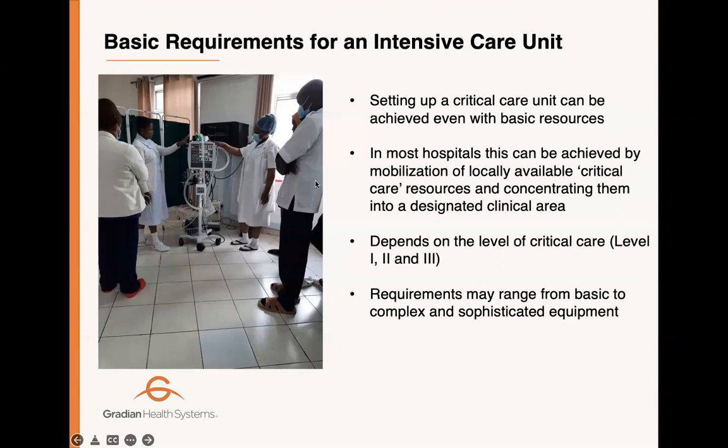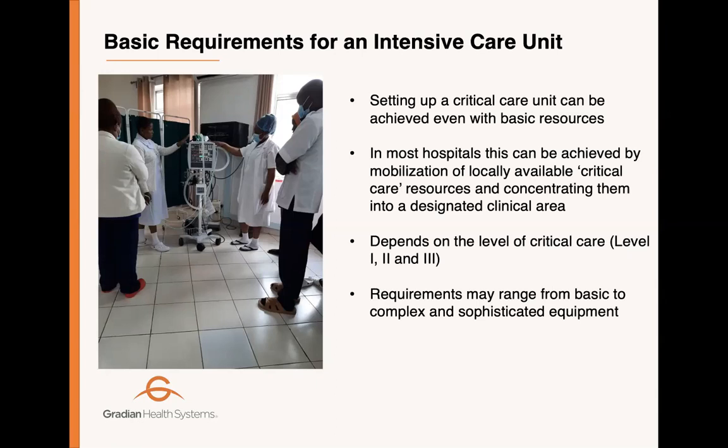And the level of care depends on the level of the hospital. We don't expect everyone from all institutions to do all that is done from the highest level in the country to the lowest level of care.